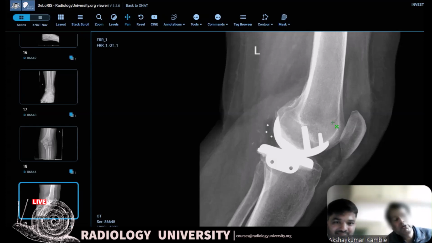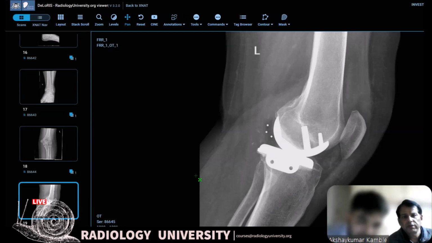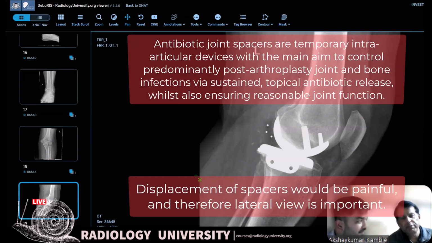Yeah, does anybody need to ask anything on this? Any questions? Okay, move on. Sorry, what's the answer that should be written? So it is a spacer displacement. You can even write there's some displacement in the back or some lucency with dots in the back.